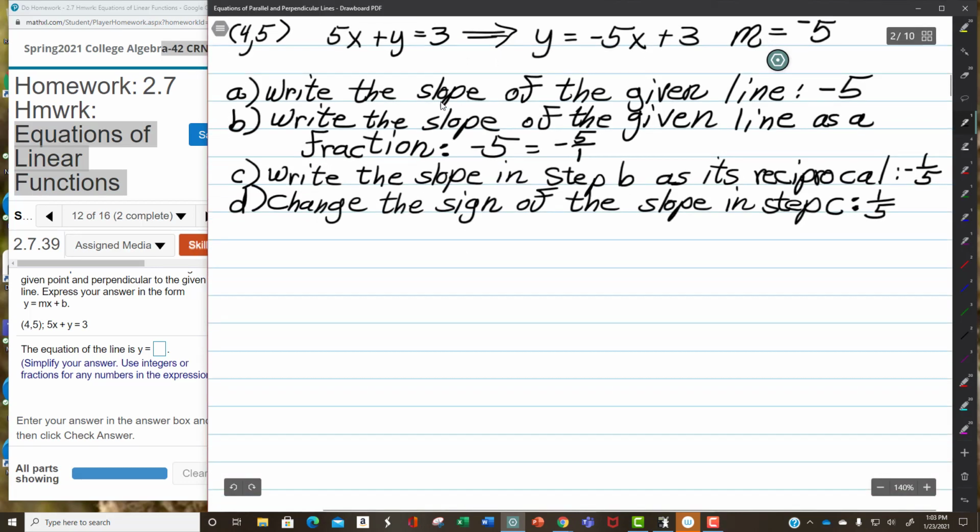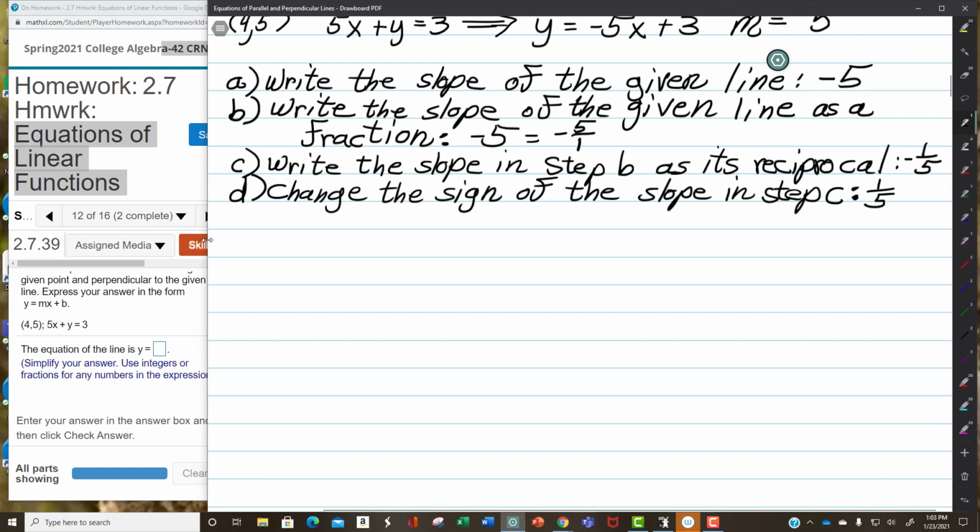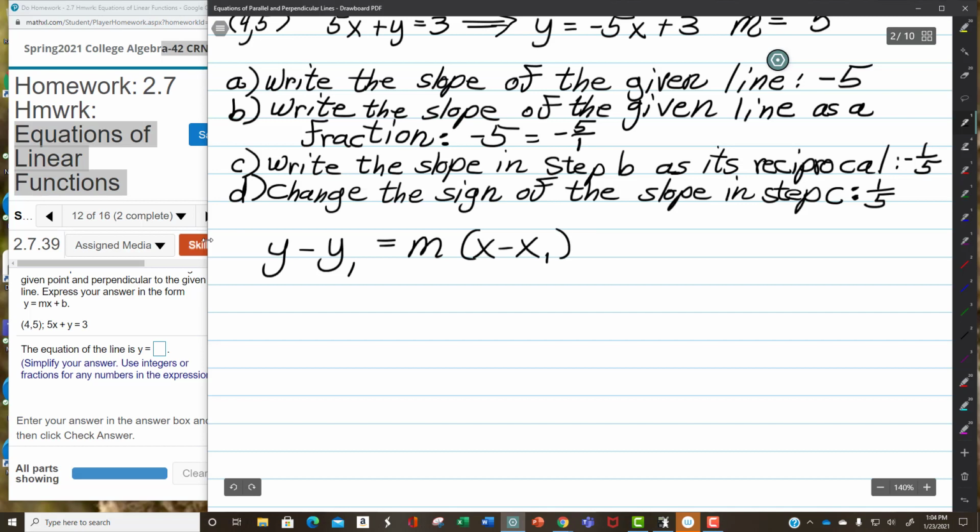So now I write the point slope formula. y minus 5 equals 1/5 times x minus 4.